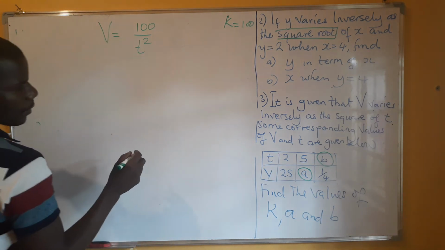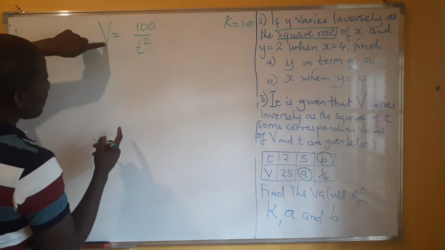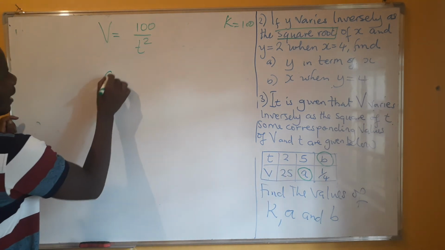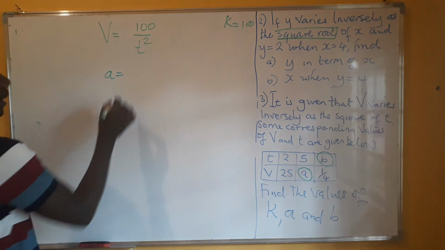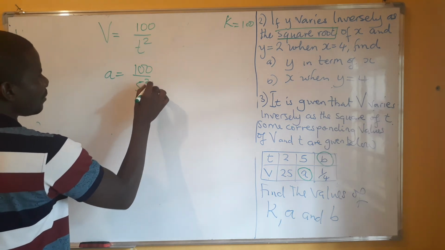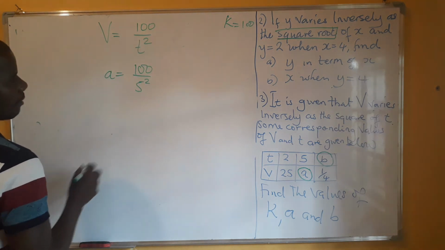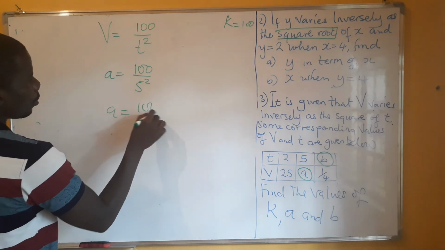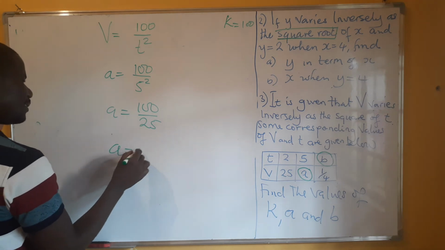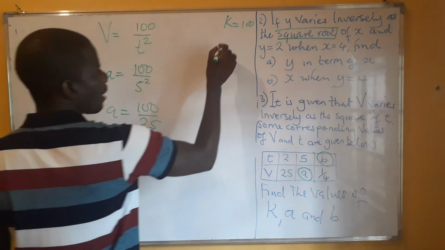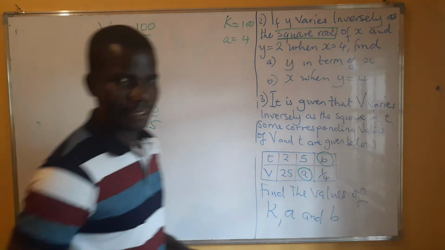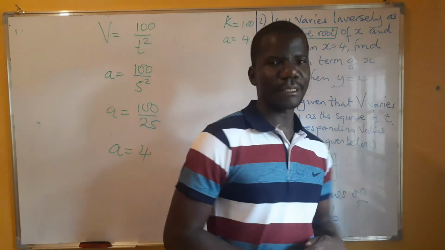So I can say, what is a when t is equals to 5? This 5 must be squared because this t is squared here. So we have a is equals to 100 over 25. You divide, you get 4. So our a value is 4. Are we together? That's what we are supposed to do here.